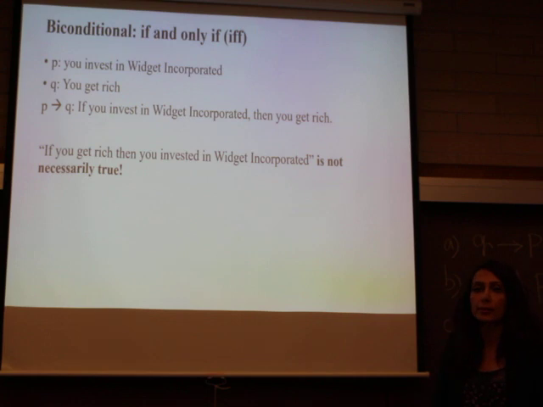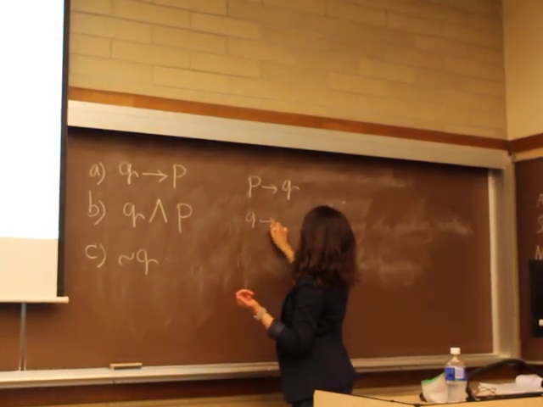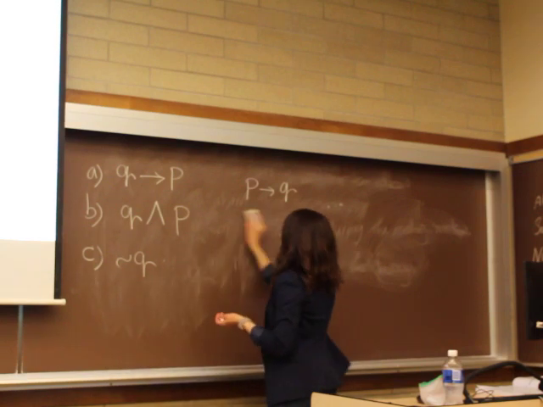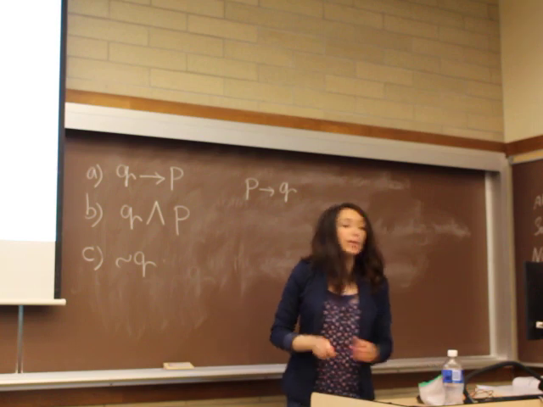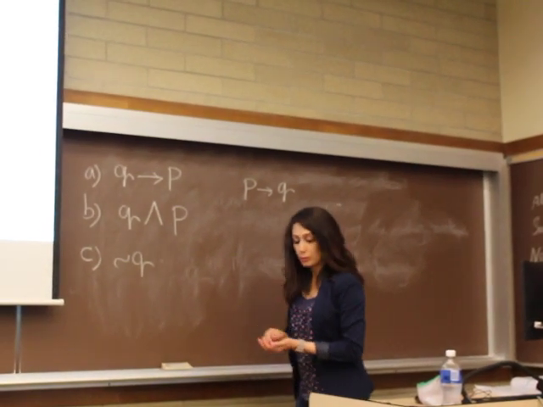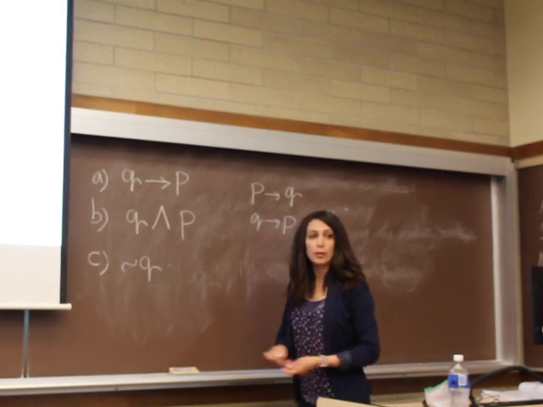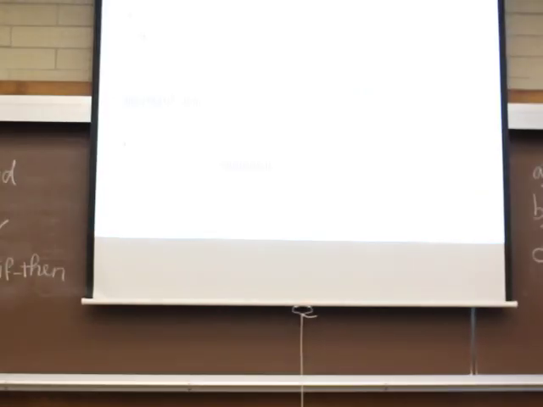It's not necessarily true. So if I have if P then Q, it doesn't mean that if Q then P is necessarily true, right? It doesn't mean that. But let's say you have a case that if P then Q is true, if Q then P is also true, so in that case, we have a biconditional statement.